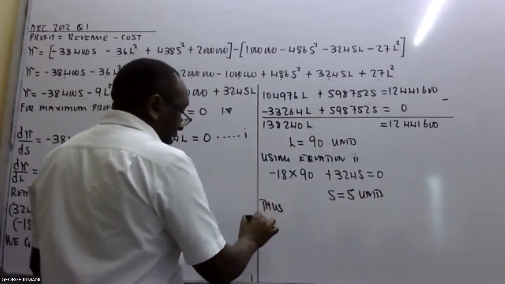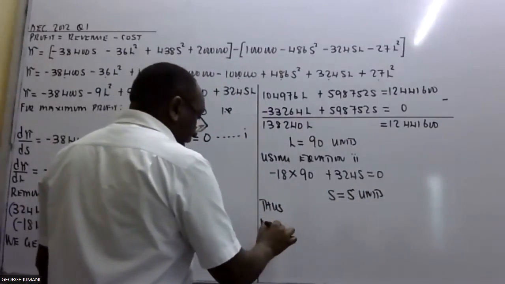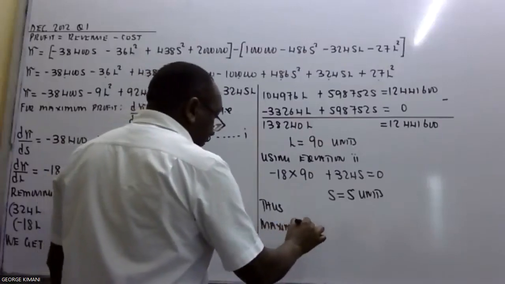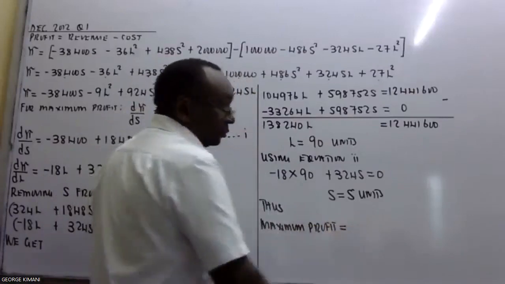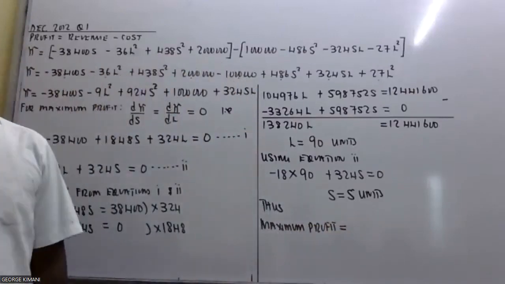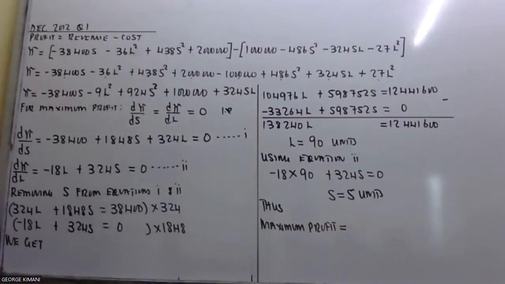Thus, if they tell you now to get maximum profit, maximum profit is equal to those values you substitute in this profit function, which we had here.